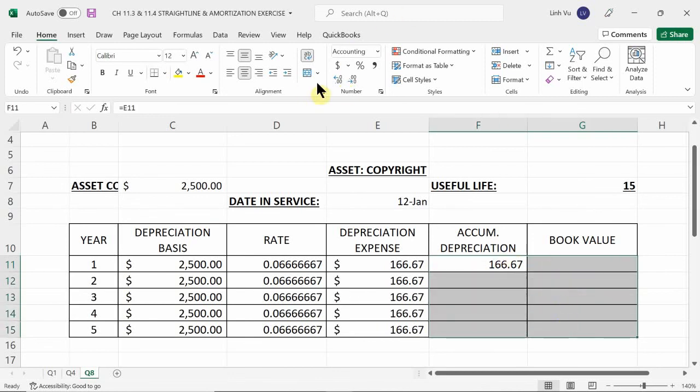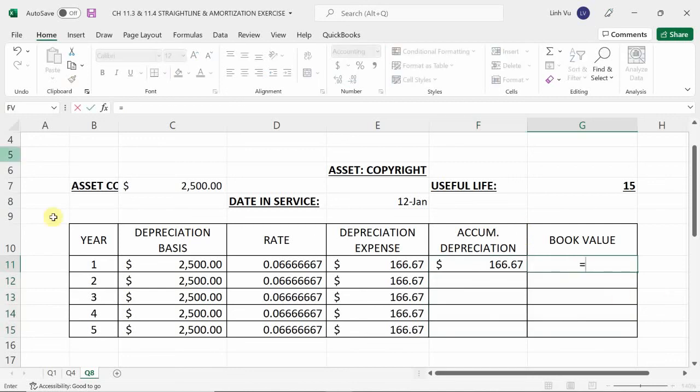So now, what's my book value? We need to minus 166.67 from the 2500. Okay, 2500.00 minus 166.67 gives us 2333.33. Okay.